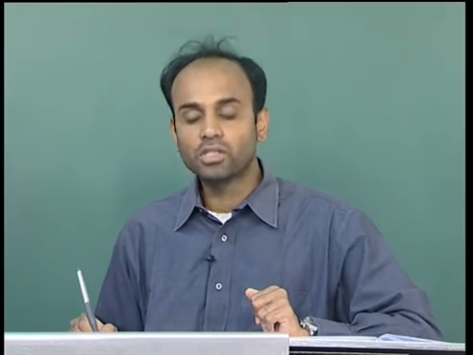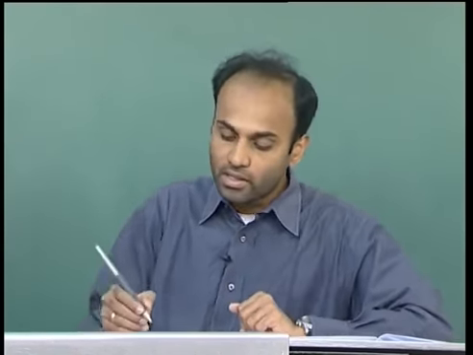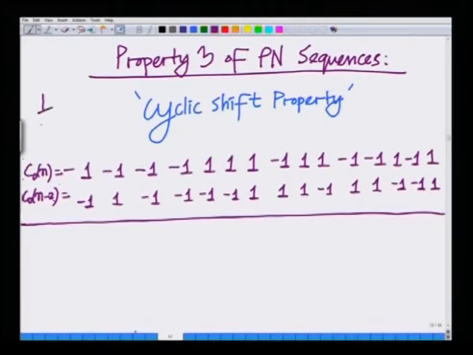Now, I am going to compute the correlation of these 2 sequences. I define the correlation as 1 over n times the summation of C0 of n times C0 of n minus 2.